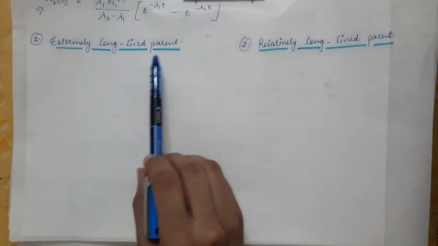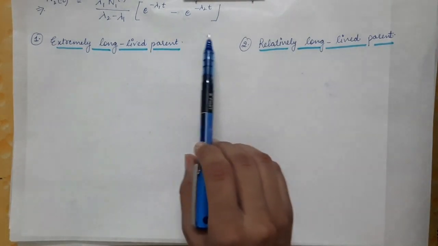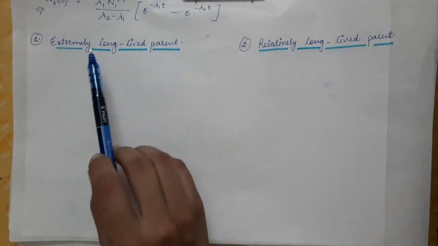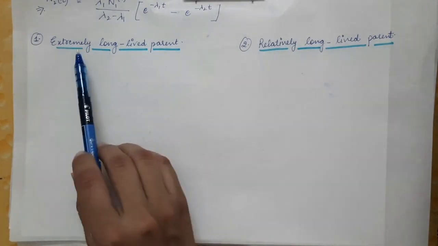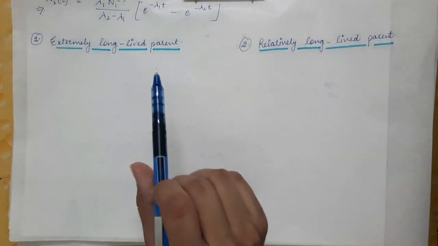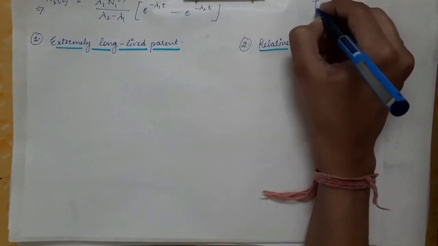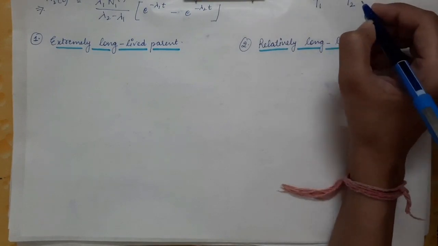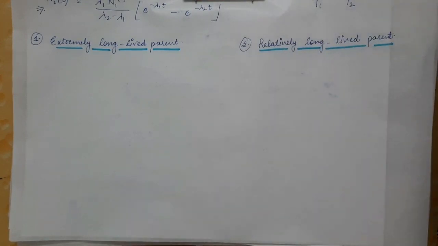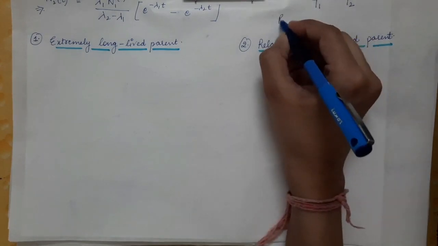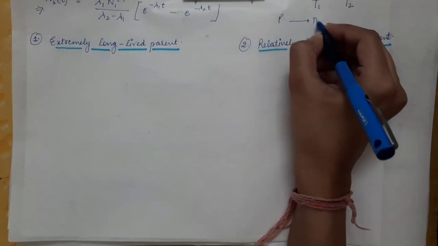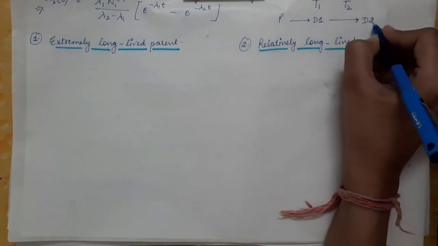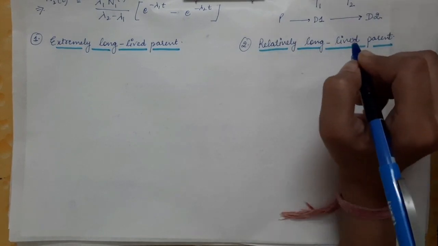Here we are comparing the parent nuclei and the first daughter nuclei in which it is decaying. So the parent nuclei is extremely long lived. Let's say T1 is the half life of the parent nuclei and T2 is the half life of the daughter nuclei in which it is decaying. We had taken one parent nuclei, it decays to the first daughter nuclei, and the first daughter nuclei further decays to the second daughter nuclei.